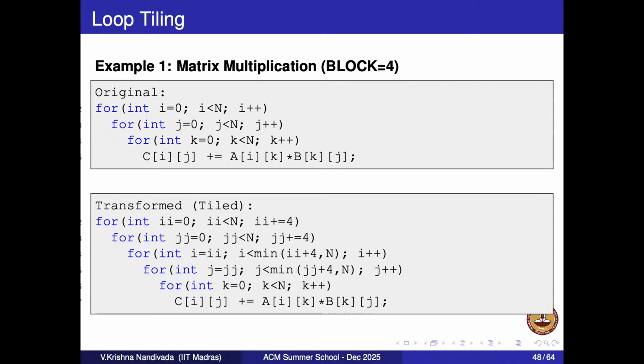Now, for each of these, for this I loop, the outer I loop, I will do I varies from II to II plus 4. J will vary from JJ to JJ plus 4. So basically what I am saying, boss, let me complete, I will take this guy.